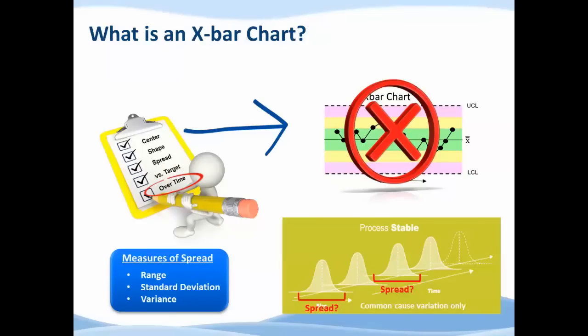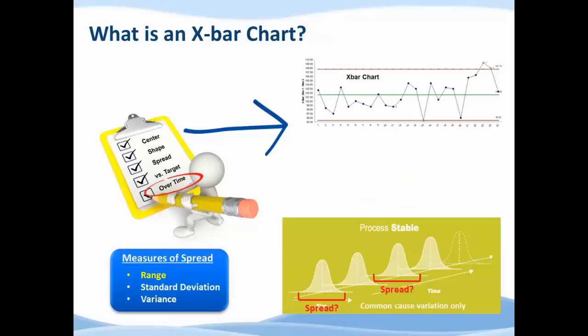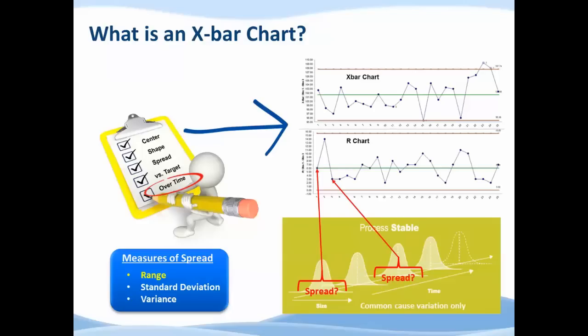We're going to need an additional control chart that looks at the spread of the data to let us know if we're really a stable process or not. In real life, when you run this, the Xbar chart will always travel with a little buddy like an R chart. What the R chart stands for is a range chart. For each of the subgroups of data, it will take the highest minus lowest value from your sample, calculate the range, and plot it as a dot on that chart.